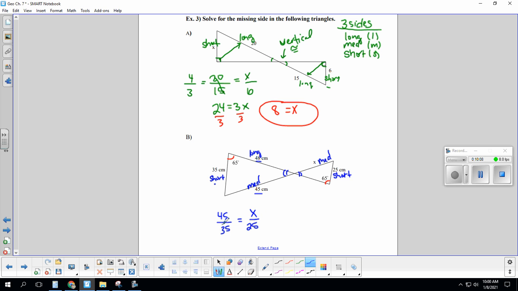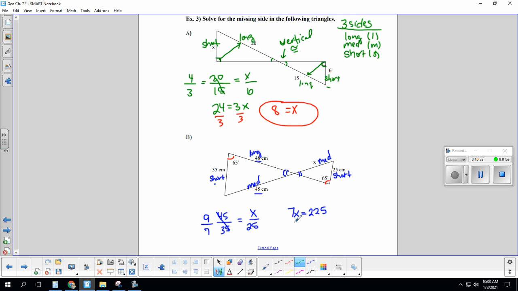We can reduce 45 over 35 by dividing by 5. 45 divided by 5 is 9. 35 divided by 5 is 7. So I'm going to cross multiply. 7x equals 9 times 25, which is 225.